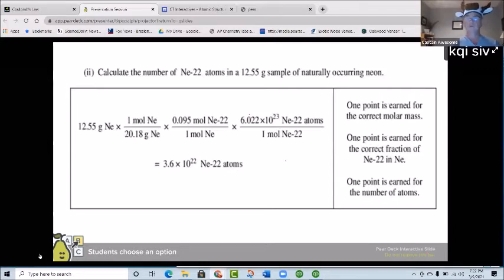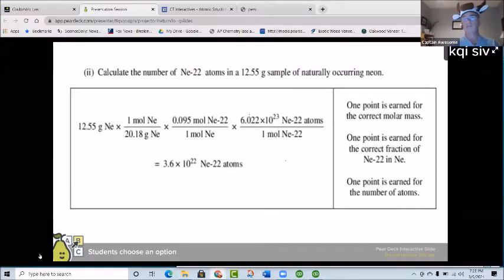So there was a wrinkle in that question. And my guess is that most of y'all who wrote down how many neon 22 atoms, you didn't think about, oh, I need to multiply that by that 9.5%, right? Well, here's what I want you to realize. If you had used the correct molar mass when you changed grams to moles, you would have gotten 1 point.